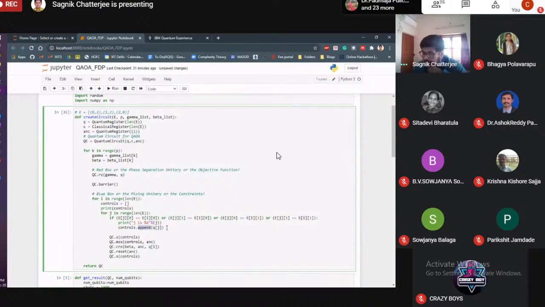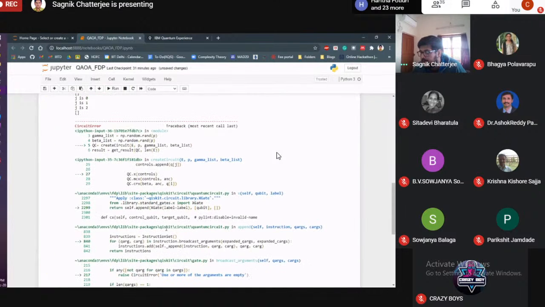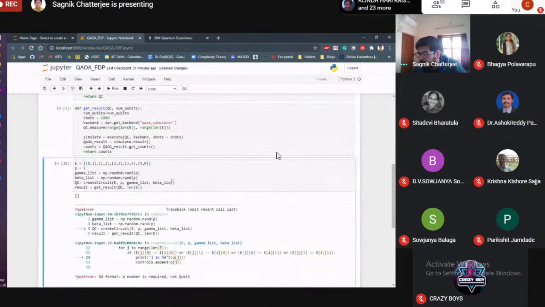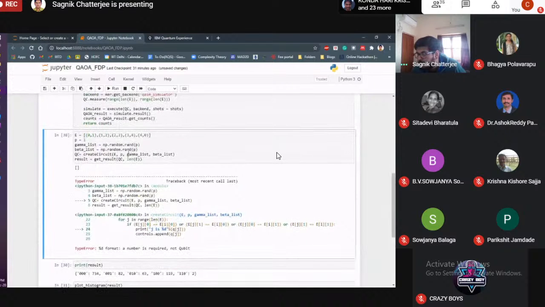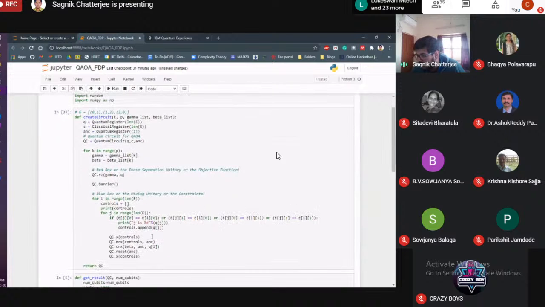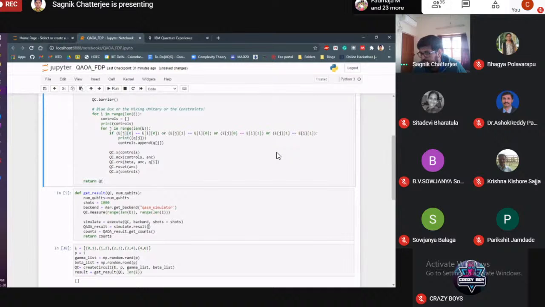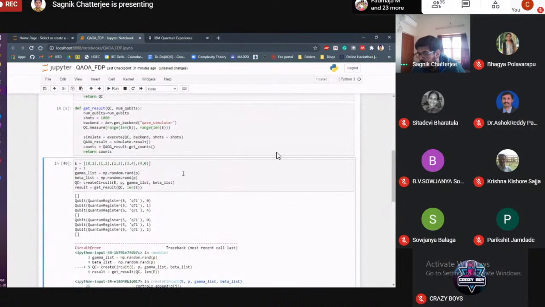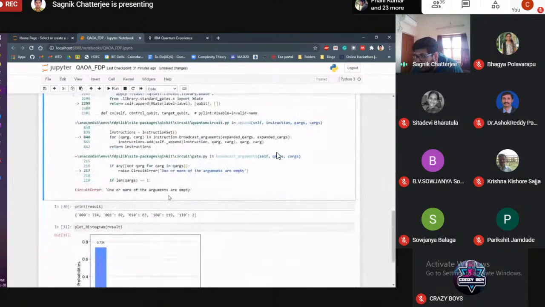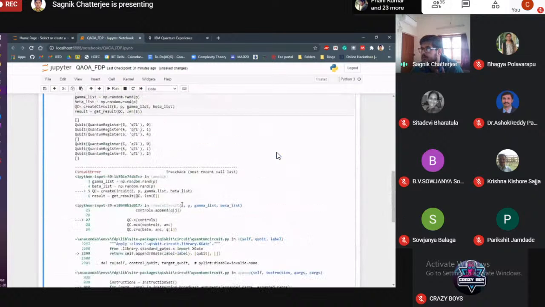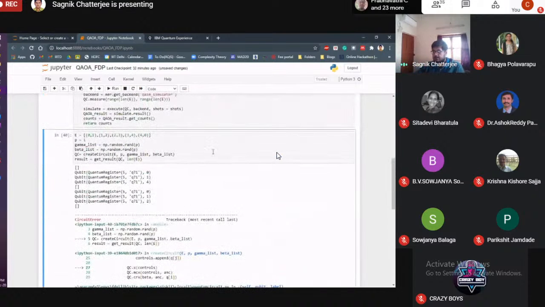So let's put in QG and see what happens. Okay, so print QG. This should work. So one of the arguments is empty. Okay. So we have 0, 1, 1, 2, 3.